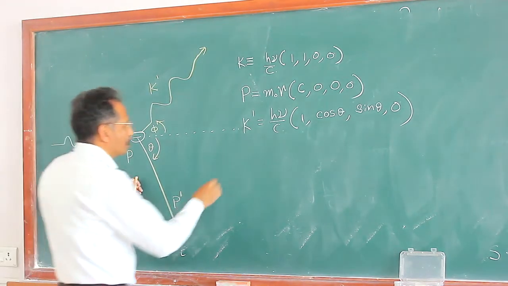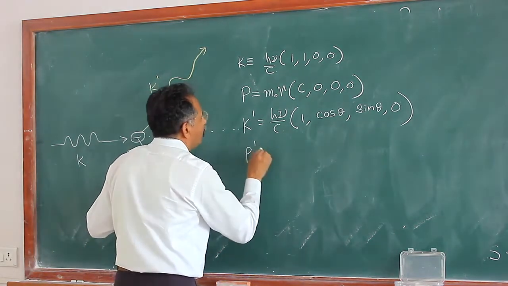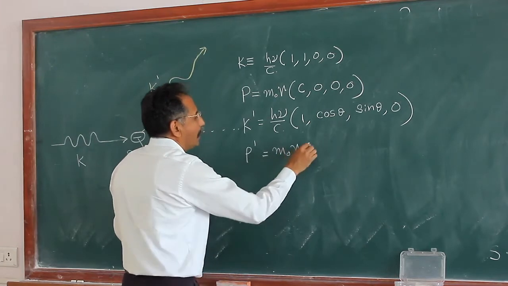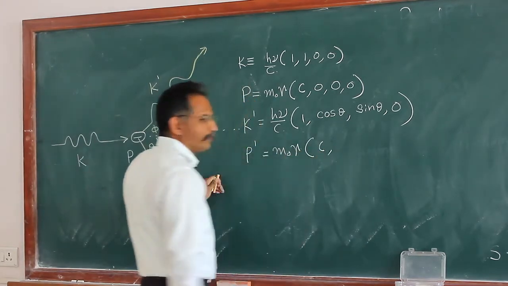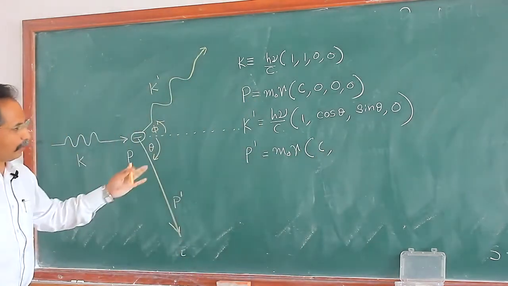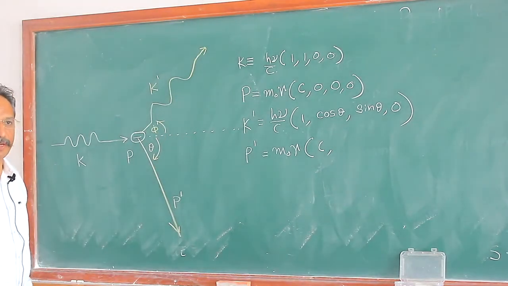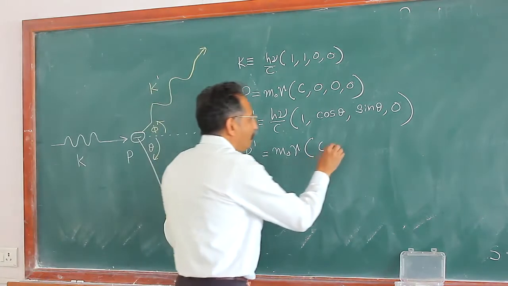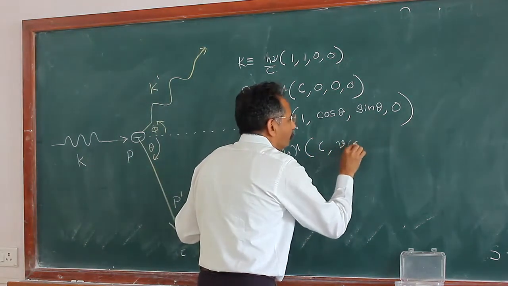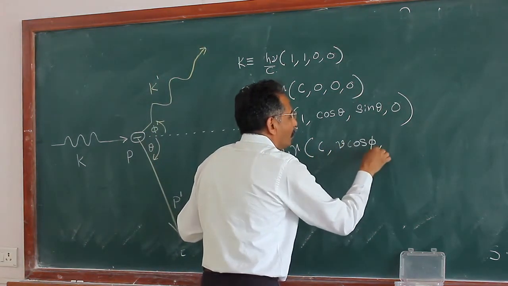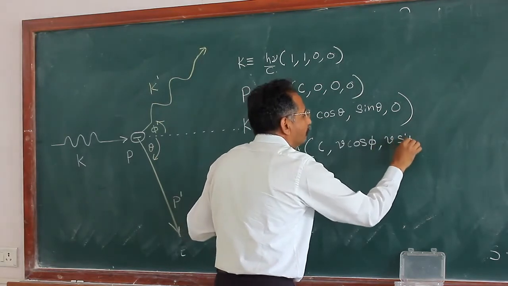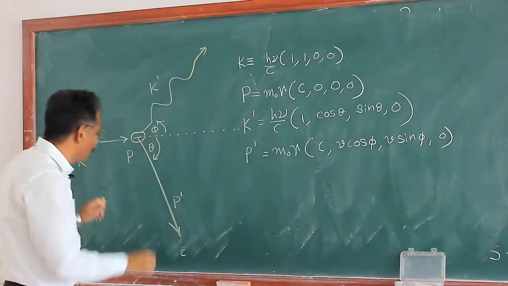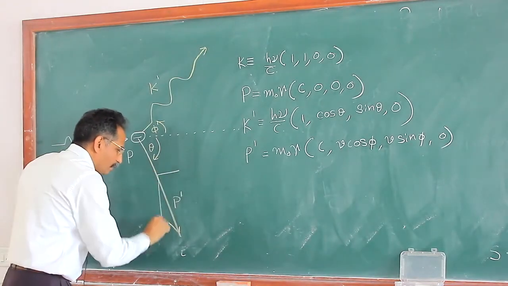Then P dash is M0 gamma times C. Then velocity components we have to account for, and those velocity components will be v cos phi comma v sin phi 0. So here you can resolve this.